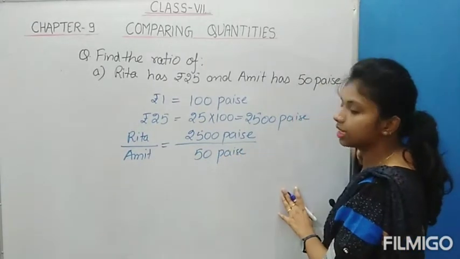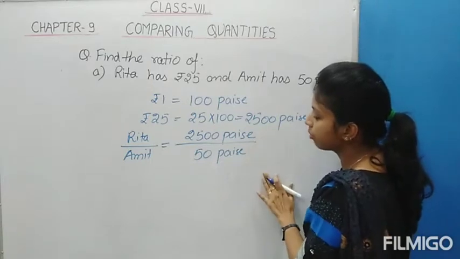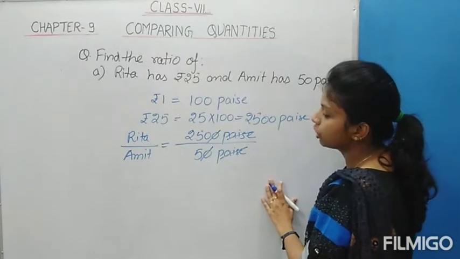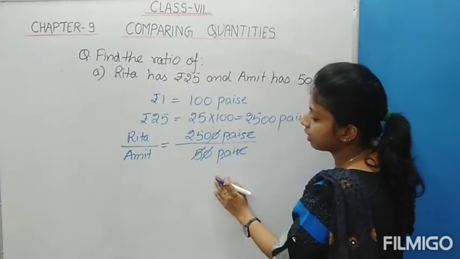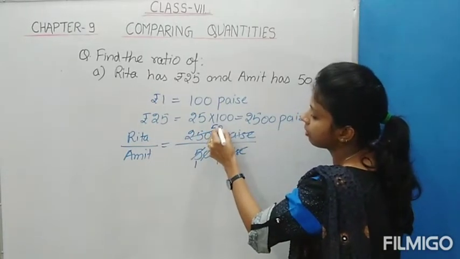Now let's compare them. Here we have the same unit, so the unit can be cancelled, and we can cancel the 0 with 0 and 5. 5 once is 5, and 5 fives are 25, 0.